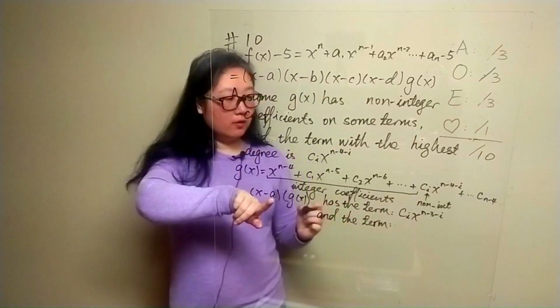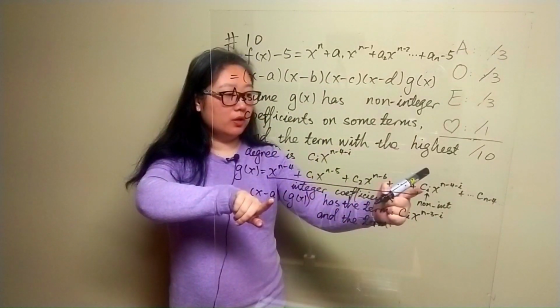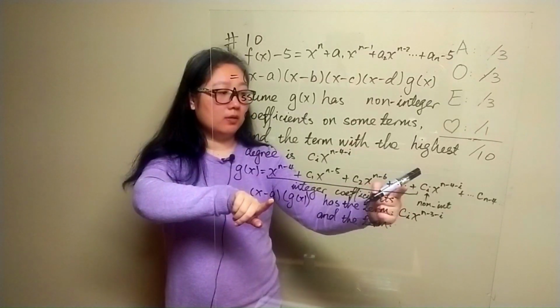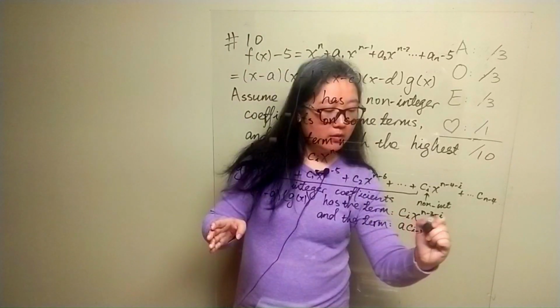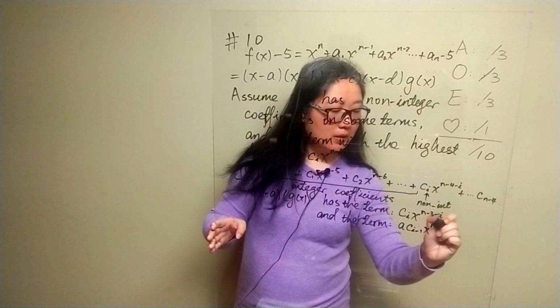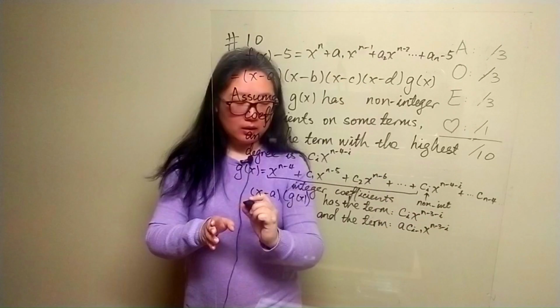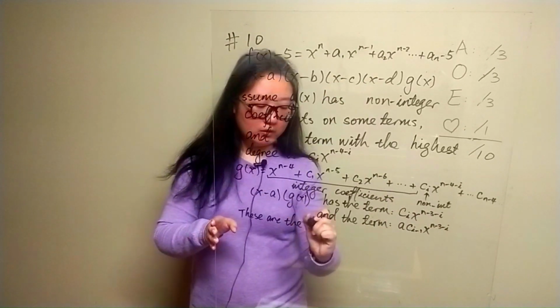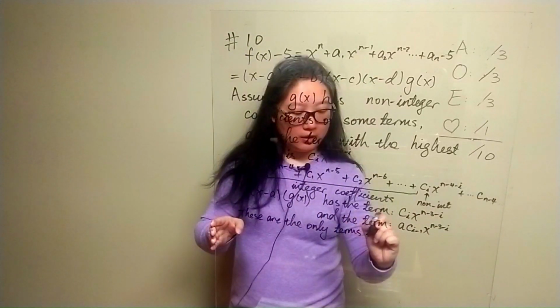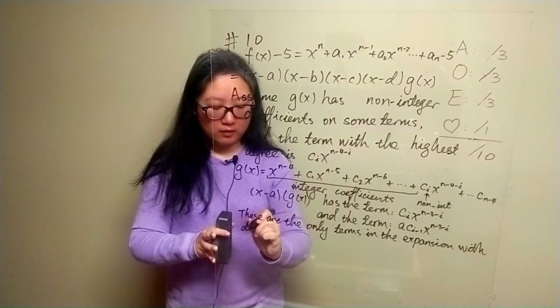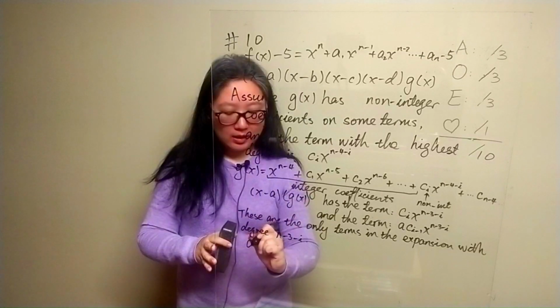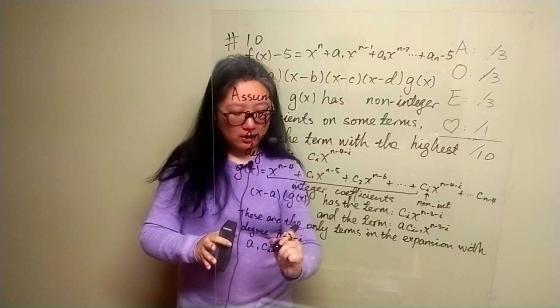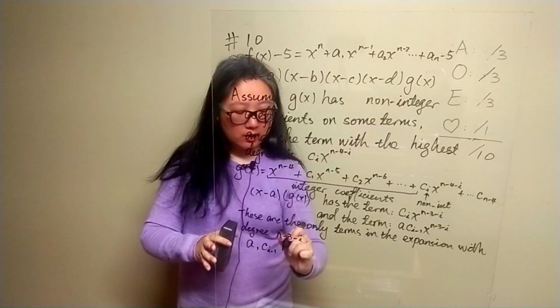And a is going to multiply to the term left to it, which is 1 degree higher, c i minus 1 x to the n minus 3 minus i. And these are the only terms in the expansion with degree n minus 3 minus i. So we're going to add them. a and c i minus 1 are both integers.